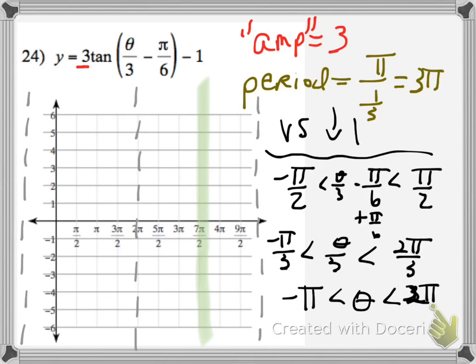So we're halfway through. That's where our tangent curve would be cut in the middle. It's not technically symmetric because it is increasing, but that's where it would be cut in the middle. So we have a point there. Now we had a vertical shift down 1, so our point should actually be here.